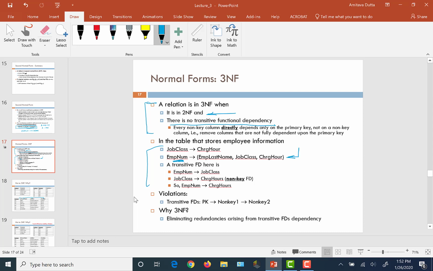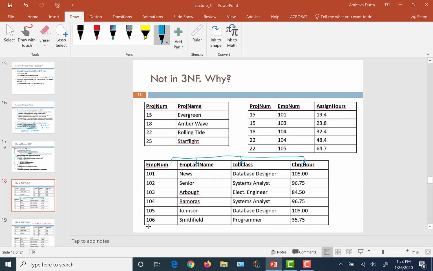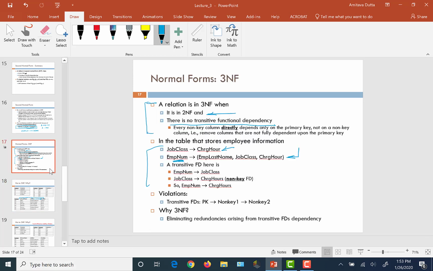However, I also know that job class determines charge hour, hourly charge. So that's how you have a transitive relationship from here to here, and then here to here. So A to B, B to C, and that's how you got the relationship between A to C. So there is an indirect, intermediate relationship going on. Okay, so this is the transitive relationship that is causing the problem.